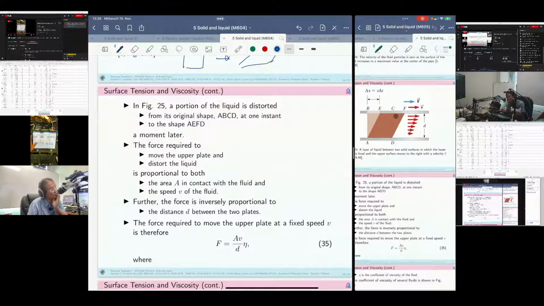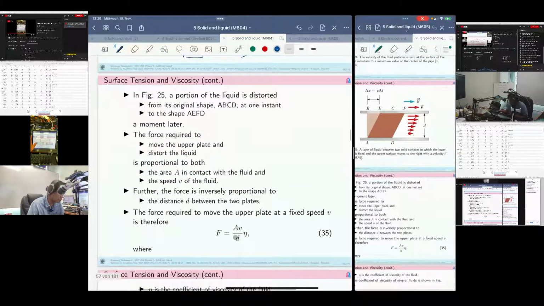So if you let the distance be smaller, you have to exert more force to this plate. Does it mean that if you have greater distance, you need more force? No, it's not the case. If you have less distance between two plates, you need to have more force.